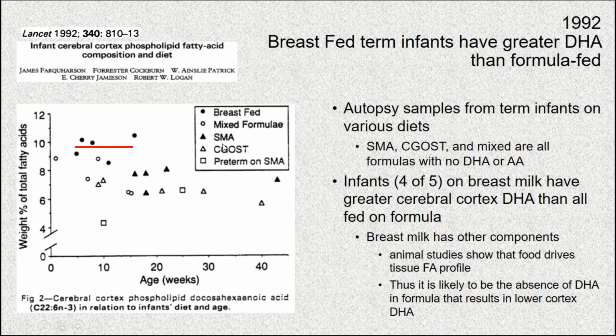All the other kids who were on other kinds of formulas were considerably lower. And this was another clue that DHA, which is in breast milk, as I showed you, but not in these formulas, that DHA in the feeds is required to maintain levels.